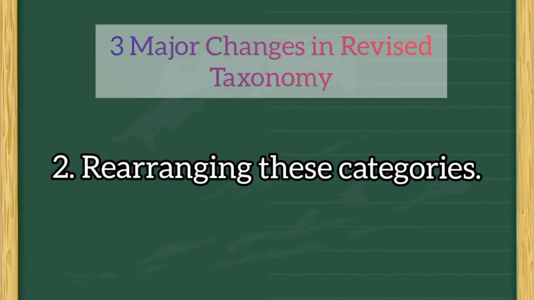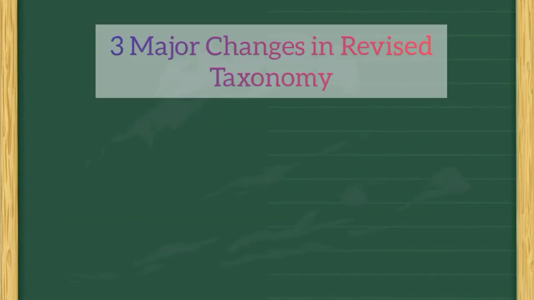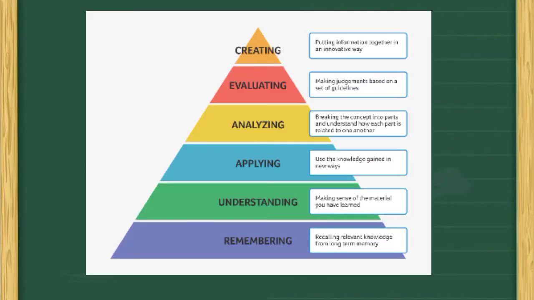And then second, rearranging these categories. In the original version, evaluation is the highest level, while in the revised version, creating is now the highest level. And then lastly, establishing the levels of the knowledge level in the original version.